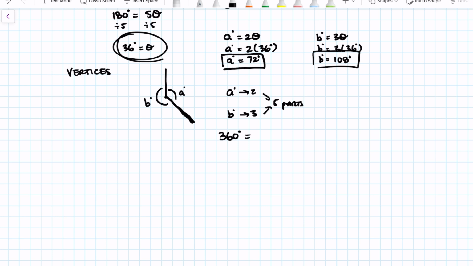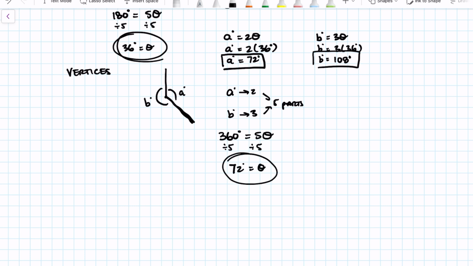And so therefore, 360 degrees is going to be 5 times angle, right? Whatever angle is. So then if we divide by 5, I should be left with 72 degrees. So 72 degrees is equal to one of those angles.